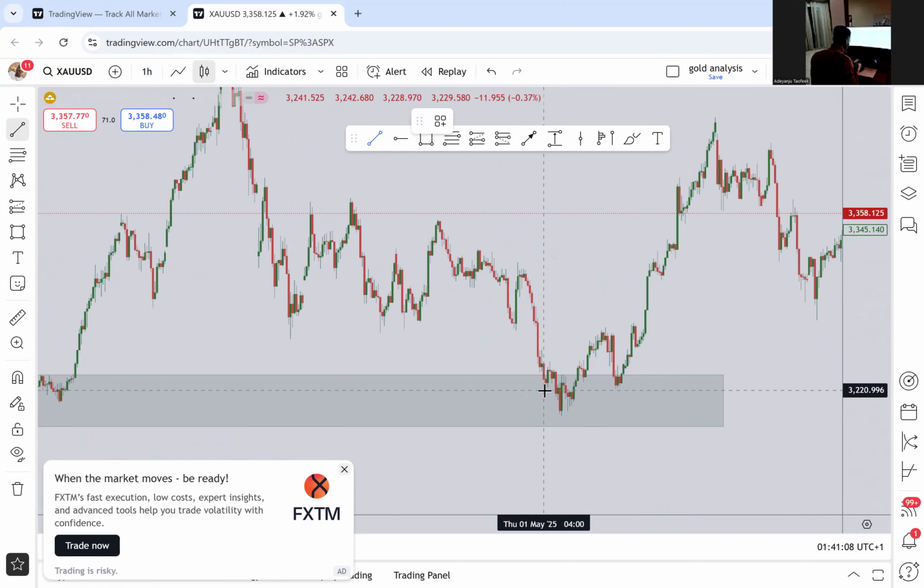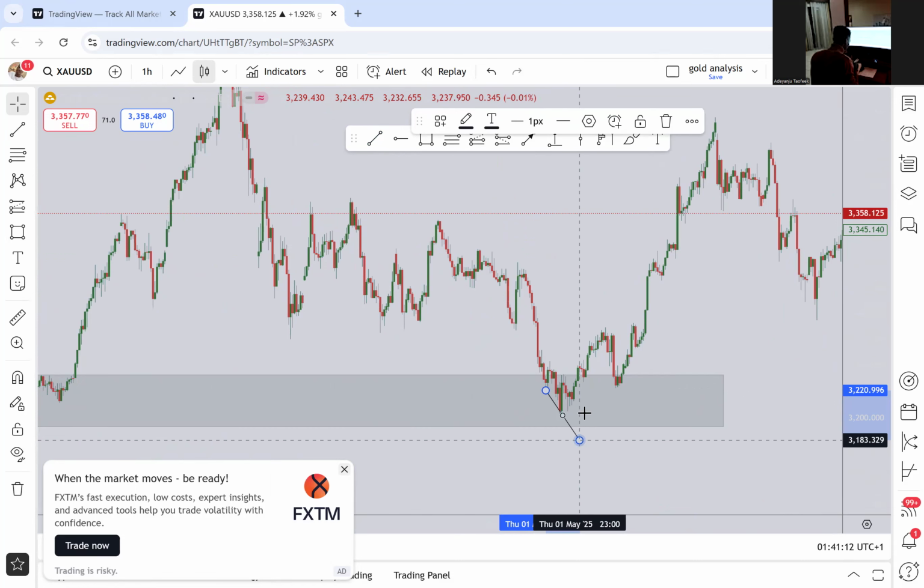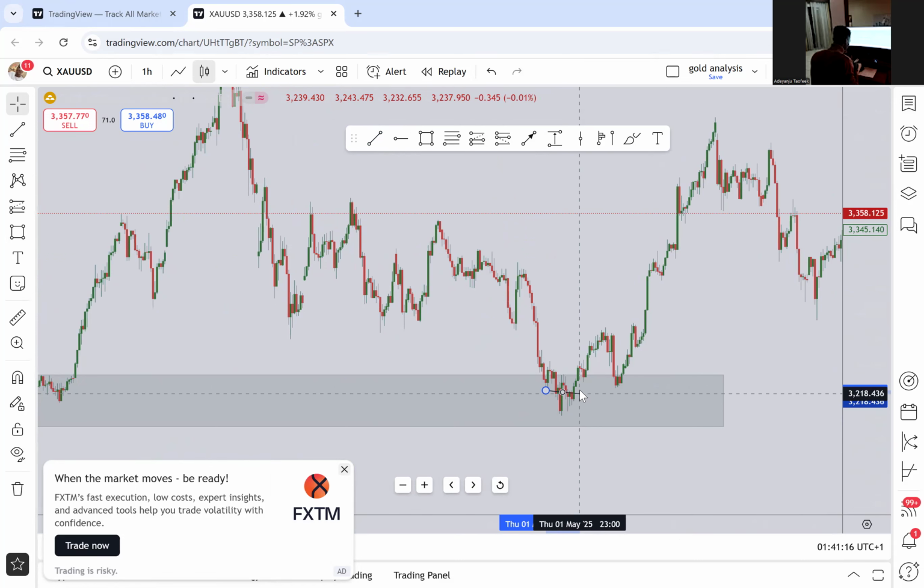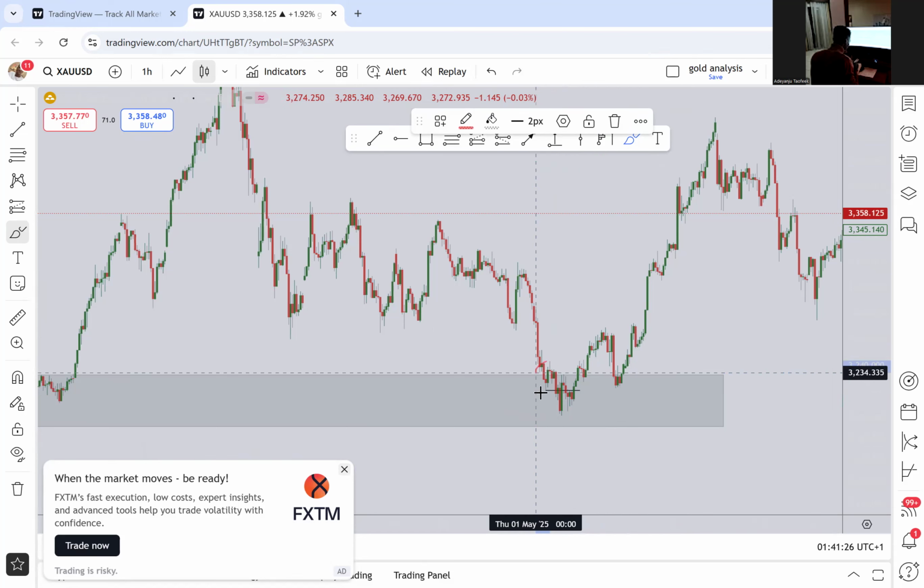That's where it tapped. This level is this mini buy here. That's where price first tapped the demand level, and then it went back inside.